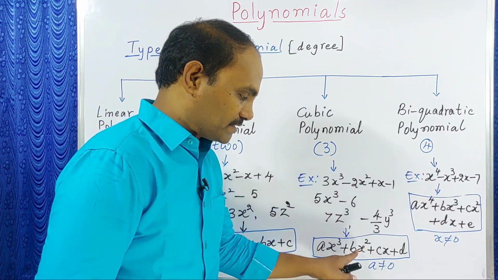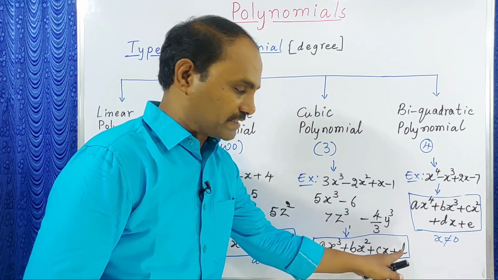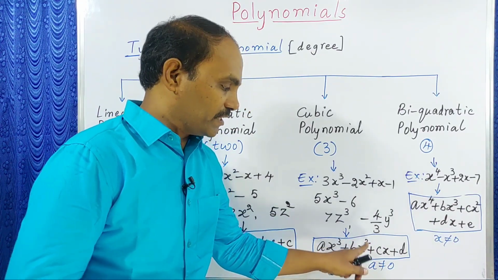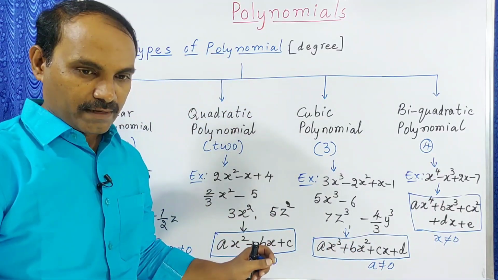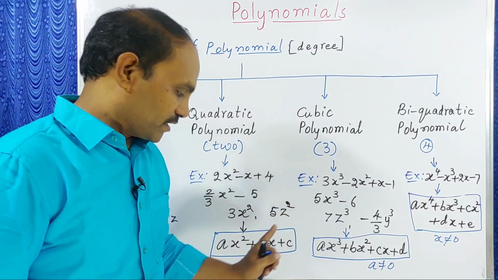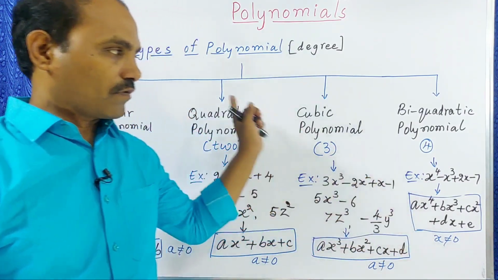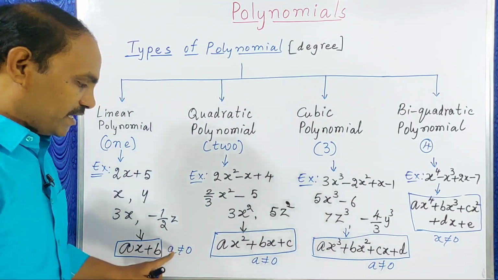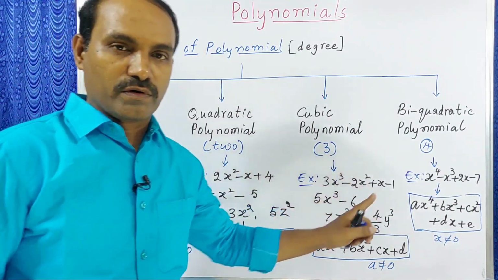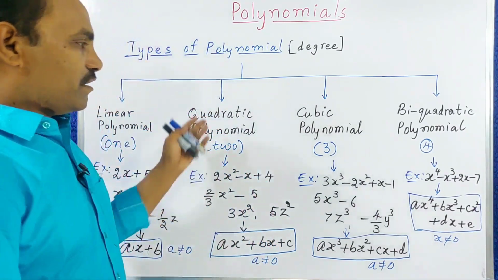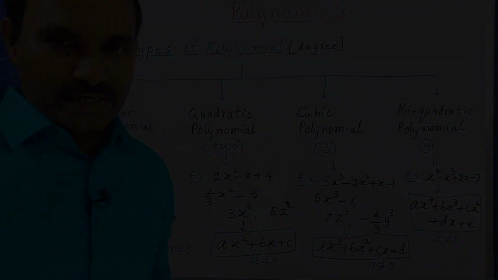Then what remains there? bx square plus cx plus d, the highest exponent is 2, then it becomes a quadratic polynomial. That's why the condition for all general forms of polynomials is a is not equal to 0. Then only those are linear, quadratic, cubic and biquadratic.